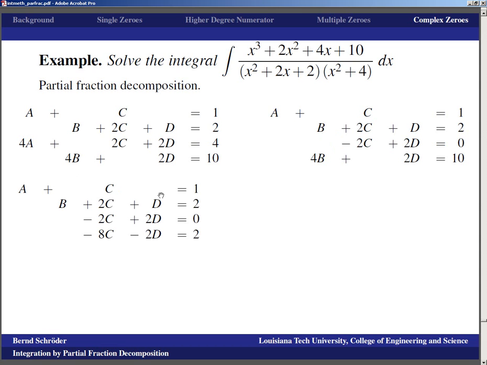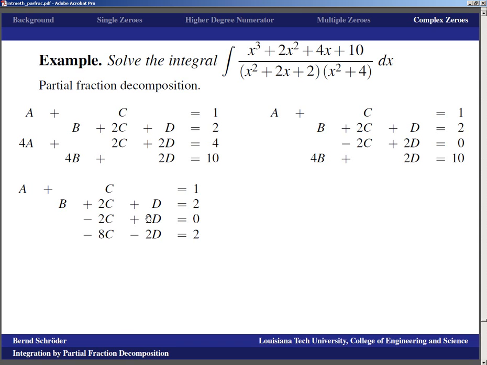The first equation we keep, second equation we keep, third equation we keep, fourth equation is different, and that's because 4b minus 4b is 0. 0 minus 8c, negative 4 times 2c, right, is minus 8c. And then 2d minus 4d is negative 2d. And 10 minus 8 is 2. So this is straightforward solving systems of equations. It just takes a while, but we can do it.